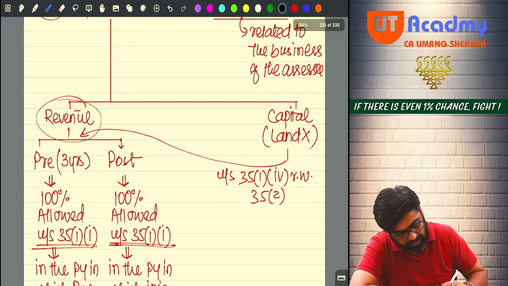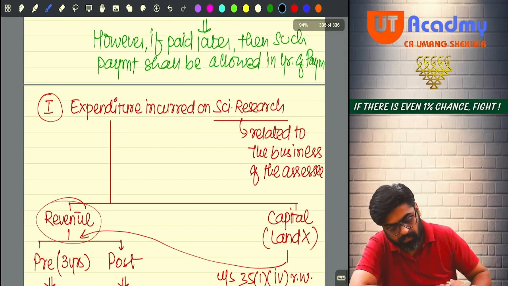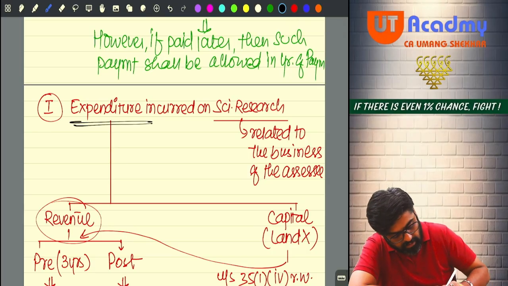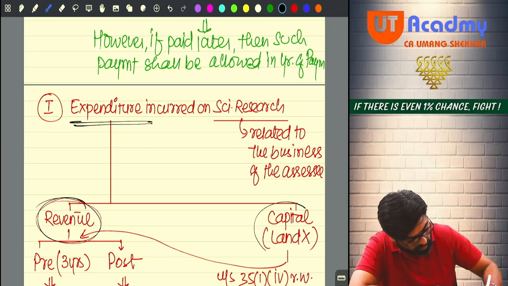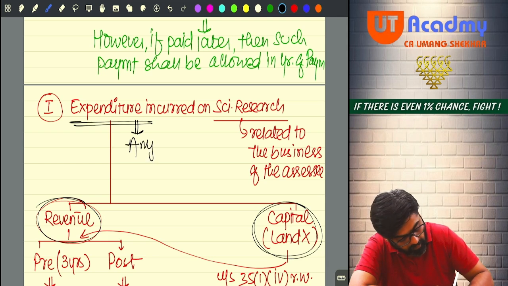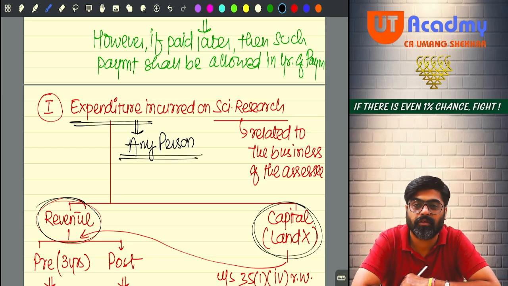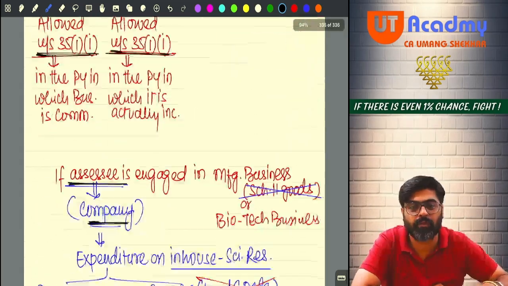Now what about this 35(1)(i) and 35(1)(iv)? To whom is this allowed? This expenditure, whether revenue or capital, is allowed to any person. Any person means all assessees, including that company for which we were talking right now.